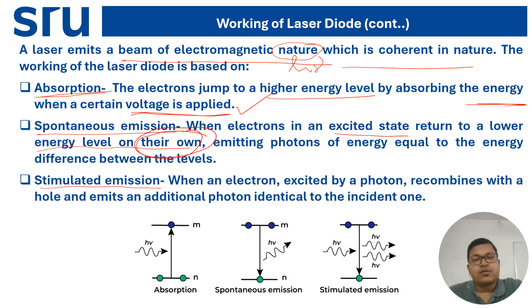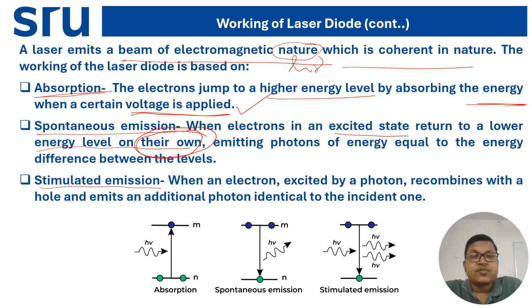Anyway, electrons are coming from the higher to the lower state, but are they coming on their own, or are they forced to come? Depending on that, we categorize these two types of emissions.